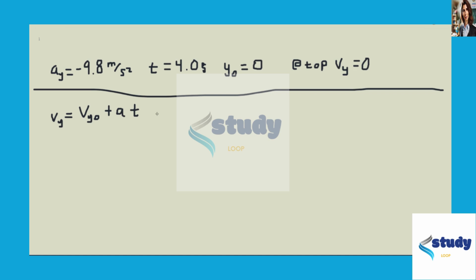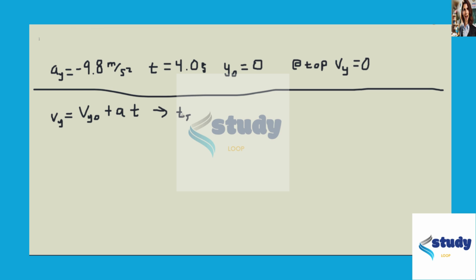Well, our time is the time it takes for it to get to the top. So we're going to label this as t sub t, for top, the time it takes to get to the top.